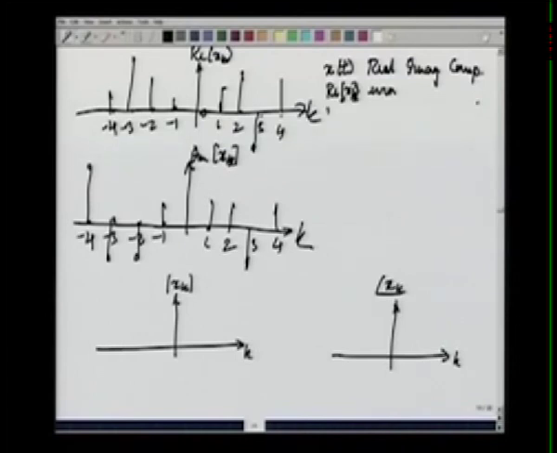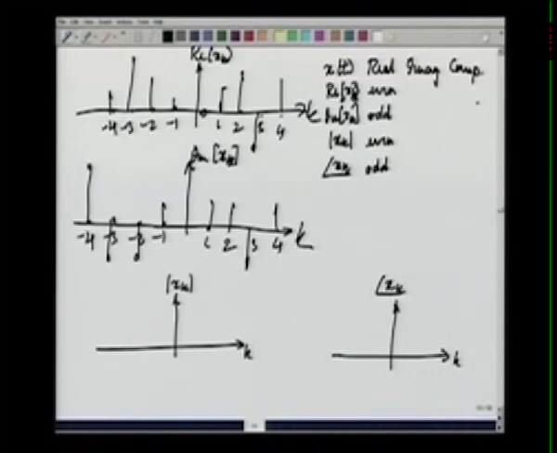The imaginary part of x k will be odd when x t is real. The magnitude part of x k will be even when x t is real, and the phase part of x k will be odd when x t is real.